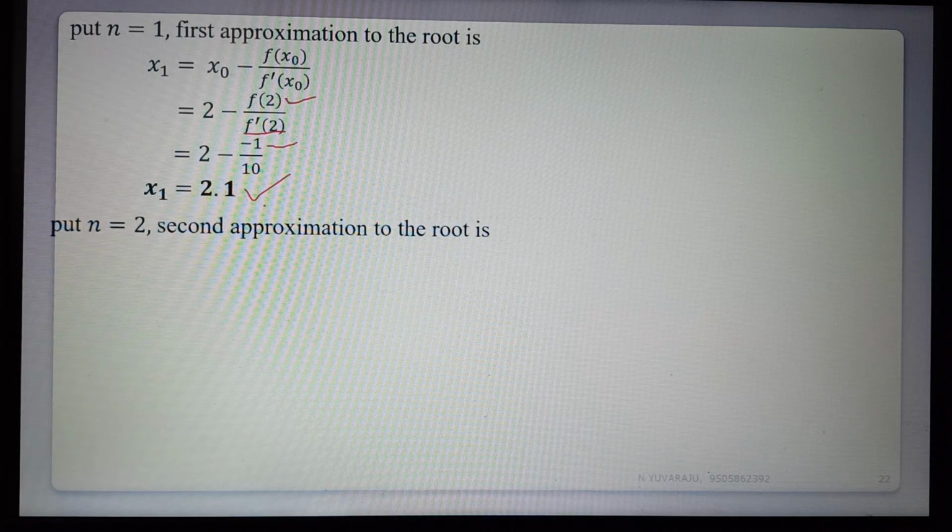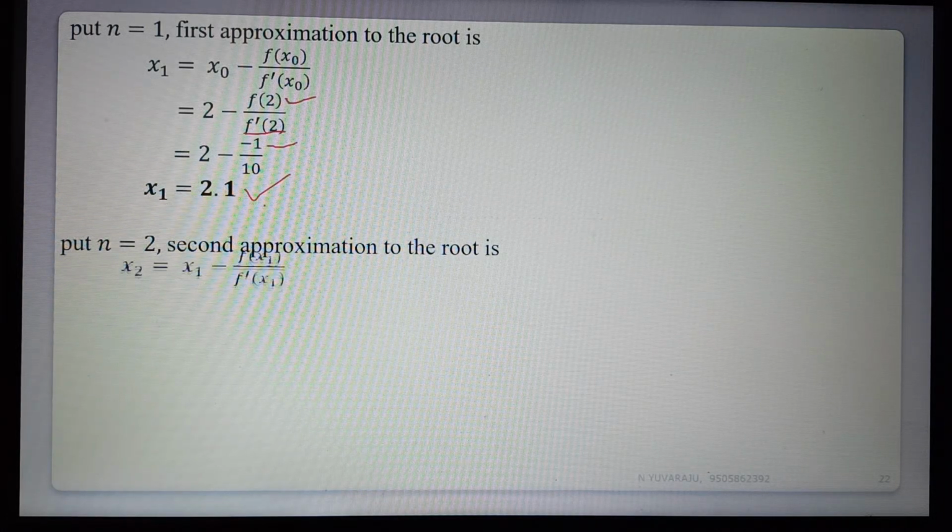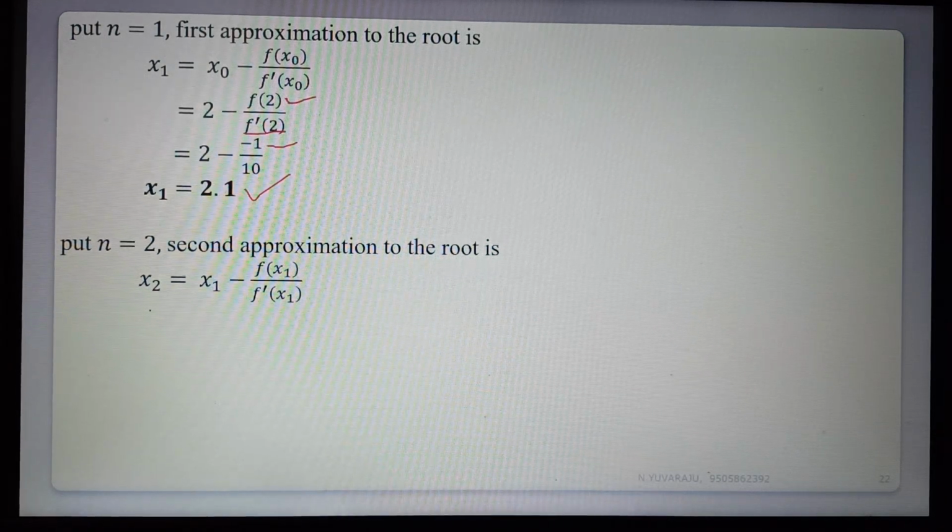The second approximation to the root is x2 is equal to x1 minus f of x1 by f dash of x1. We have to find the root up to 3 decimal places, but here only 1 decimal place is matching. So x2 is equal to x1 minus f of x1 by f dash of x1, with x1 equal to 2.1. That is 2.1 minus f of 2.1 by f dash of 2.1.